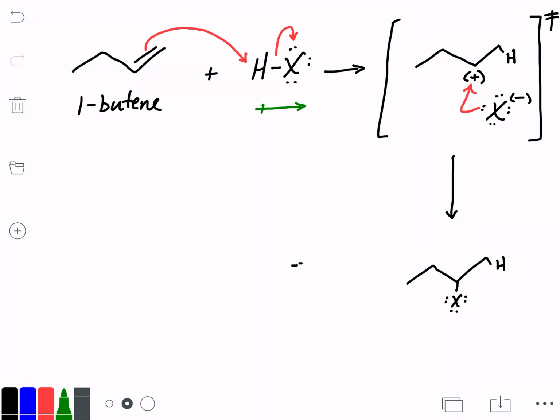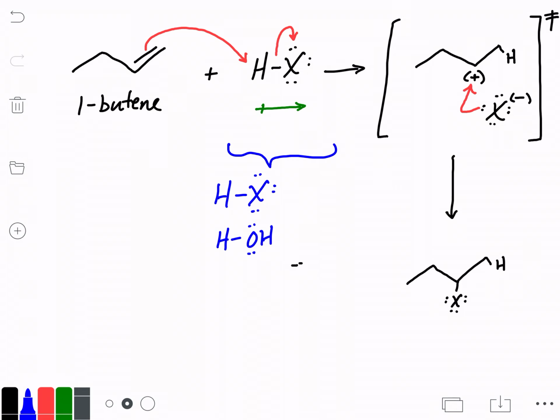We'll see this same mechanism occurring again and again as we talk about different reactions. If we look at our HX, which we've just talked about adding, or later we look at water, we see a case where the small molecule that's being added is a polar molecule, with the hydrogen end being somewhat positive and the X halogen or the O being somewhat negative.